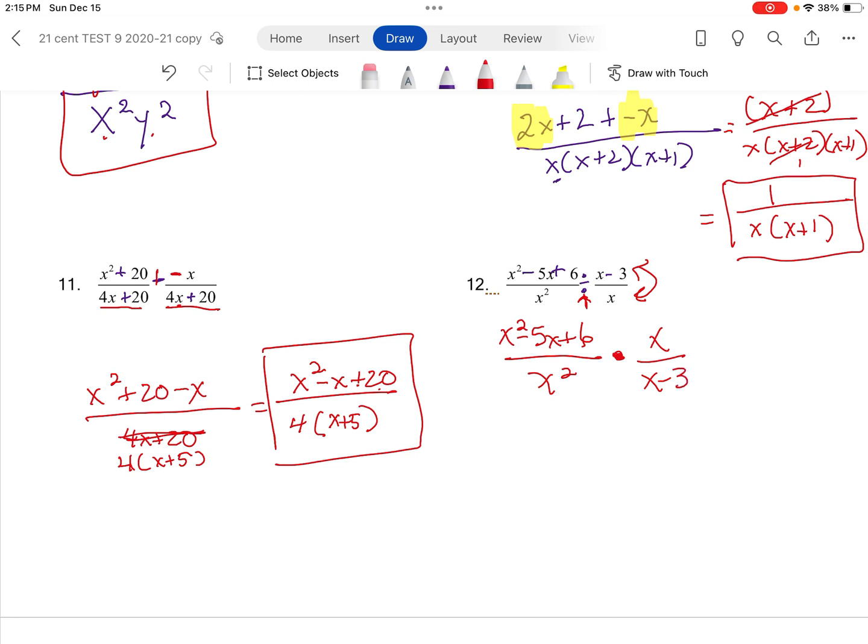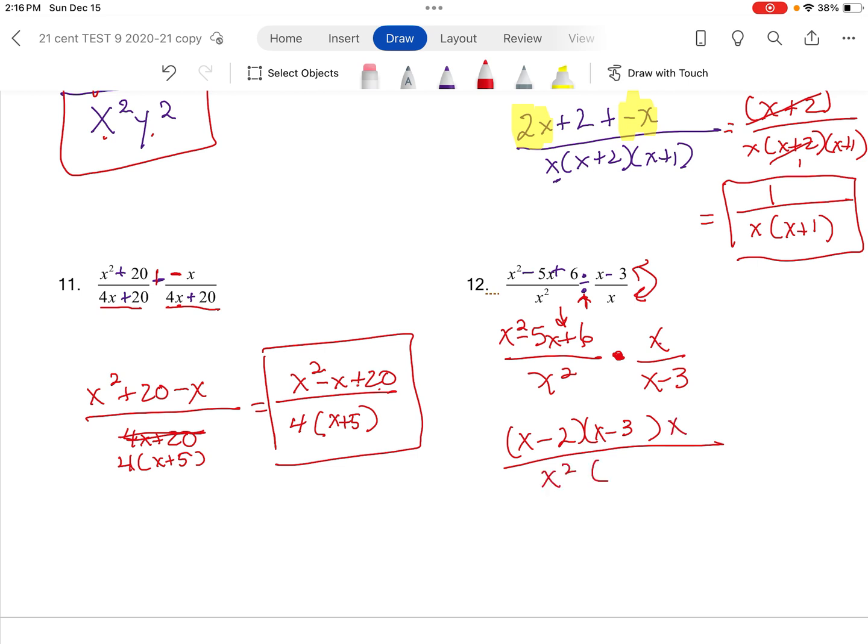When I multiply, everything must be factored. So x and x, factors of 6 that add up to 5 are 2 and 3. To get it to be negative 5, they must both be negative. Then I also have times an x.